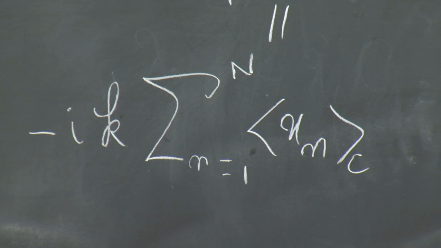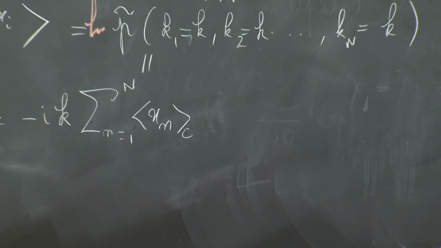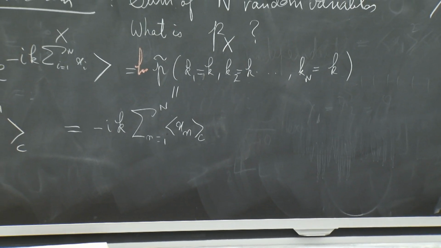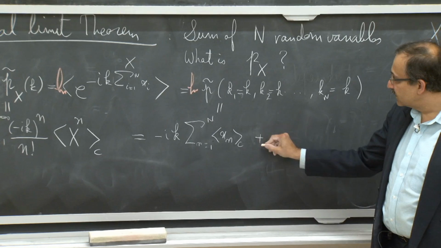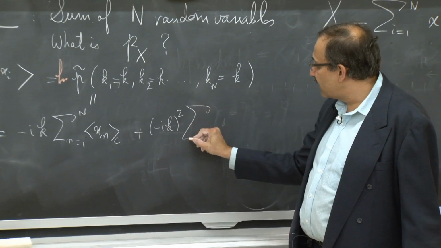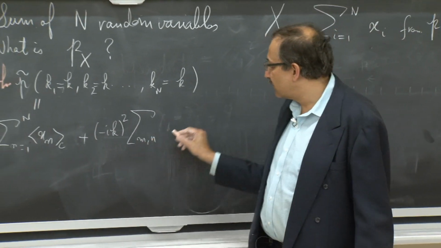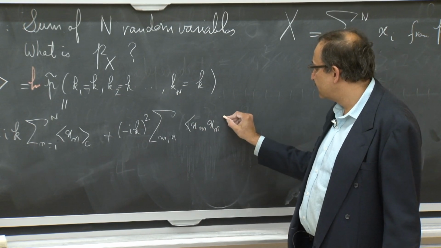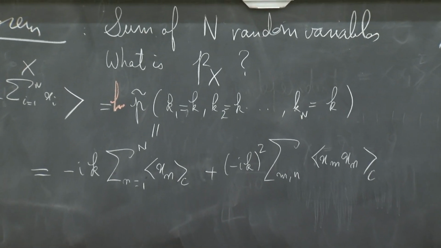Typically, for the second-order term, I would have all kinds of products. I would have k1k3, k2k4, as well as k1 squared. But now all of them become the same. And so what I will have is a (minus ik) squared. But then I have all possible pairings, m and n, of x_m, x_n cumulants. Question. Yes.